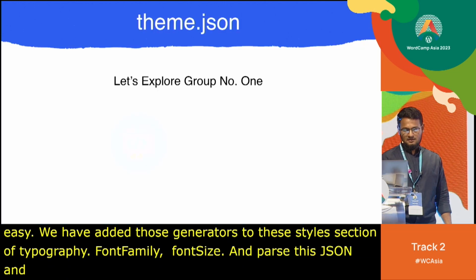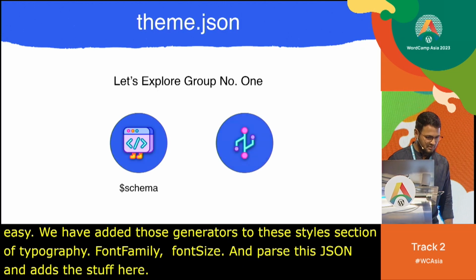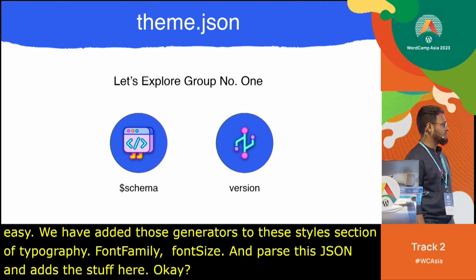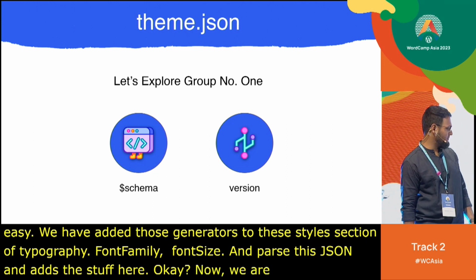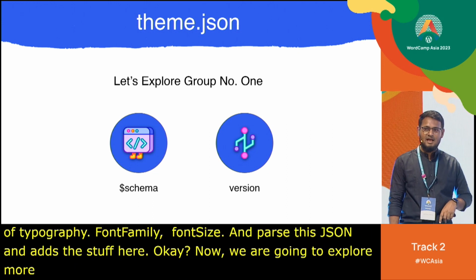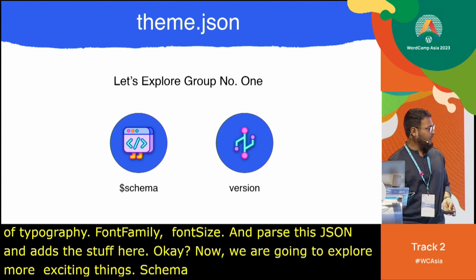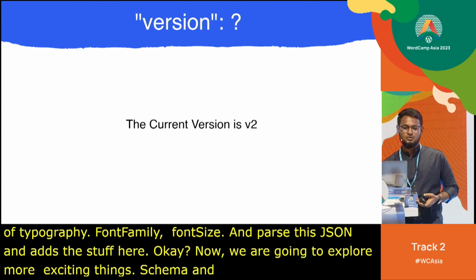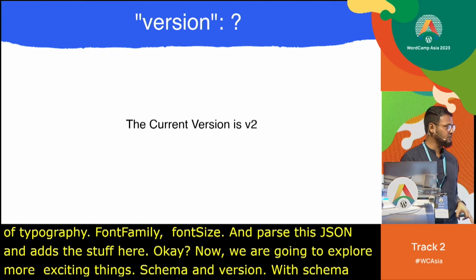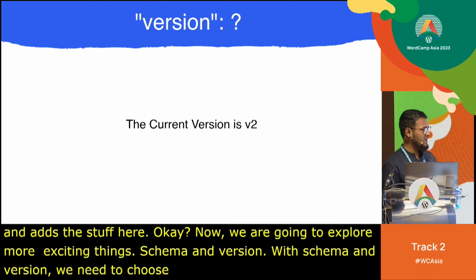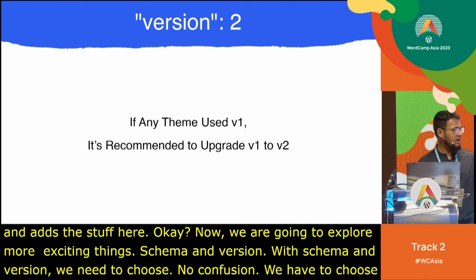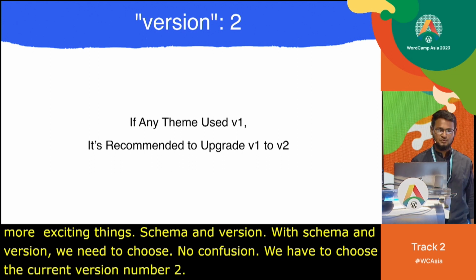Now we are going to explore a more exciting thing, schema and version. Which schema version do we need to choose? No confusion, we have to choose the correct version number 2. If anyone used version number 1, then WordPress recommends you to go to 2.